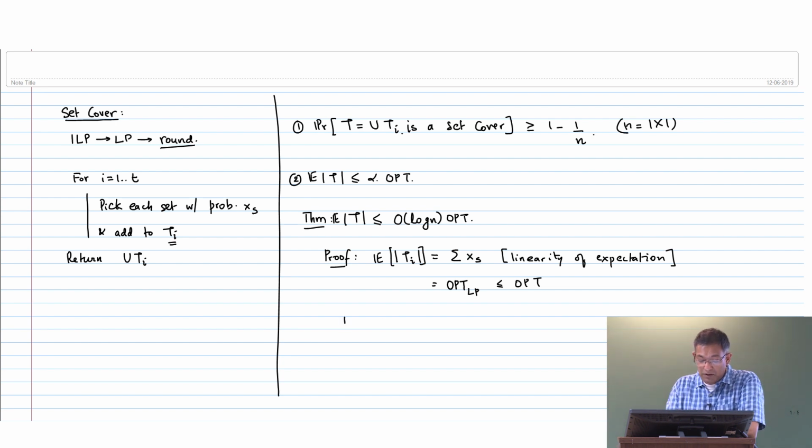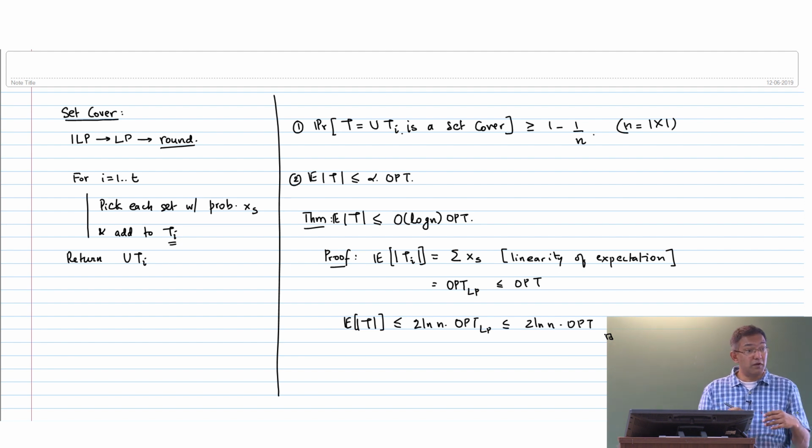Therefore, the expected size of T is at most, how many rounds do we do? 2 log n rounds. So at most 2 log n times opt LP, which is at most 2 log n times opt.